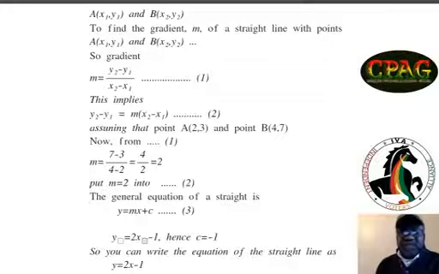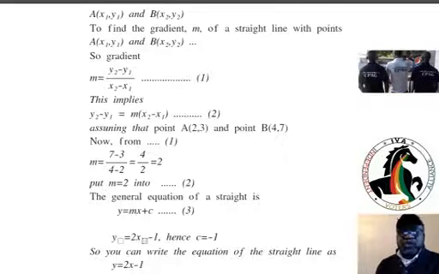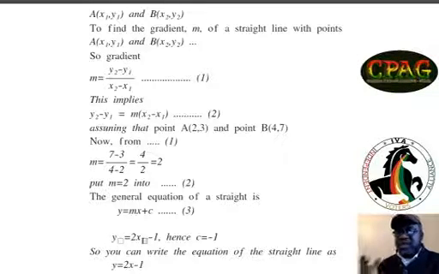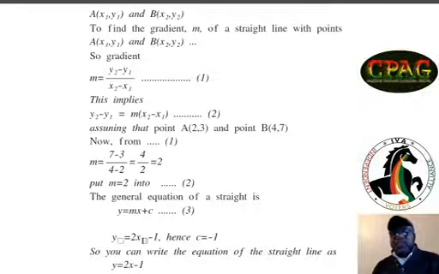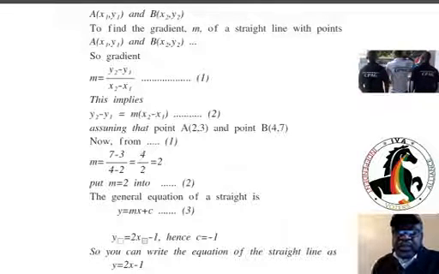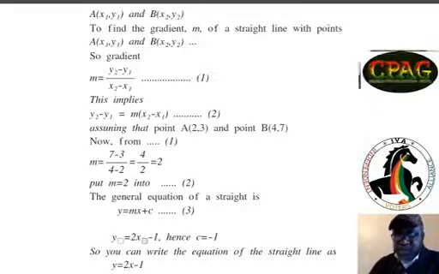The second one, 3 minus 7 is equal to minus 4, then 2 minus 4 is equal to minus 2. Then the negatives cancel each other, so it doesn't matter either way, but make sure that you do it the right way. So the gradient m you find to be 2.